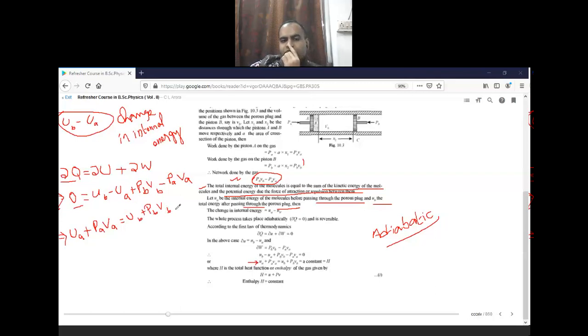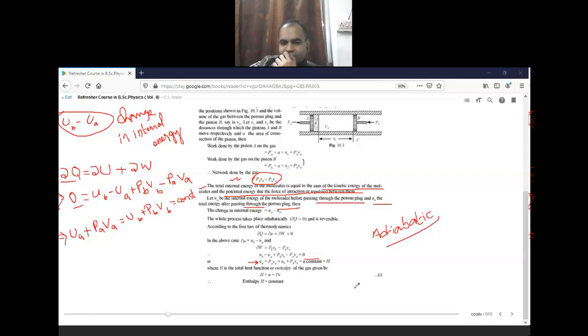So now you see we get the equation like this. Ua plus Pa Va equals Ub plus Pb Vb, which is constant. That means this quantity is constant, because the summations on either side are the same.